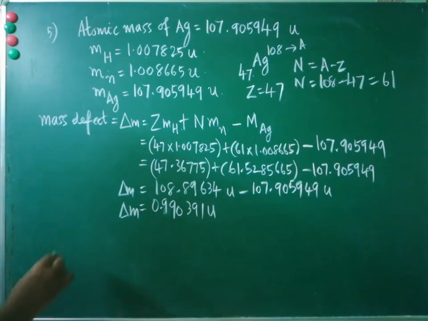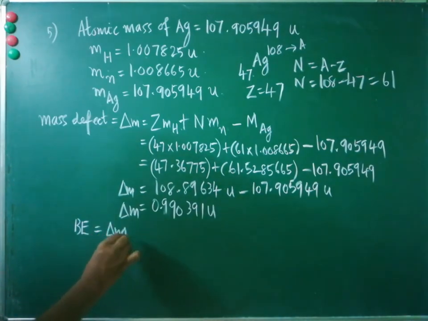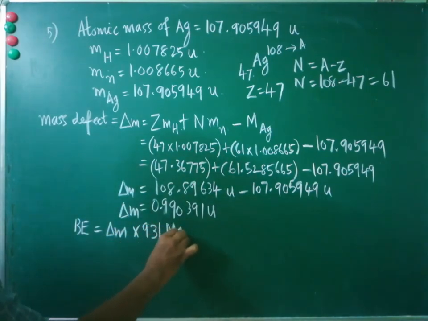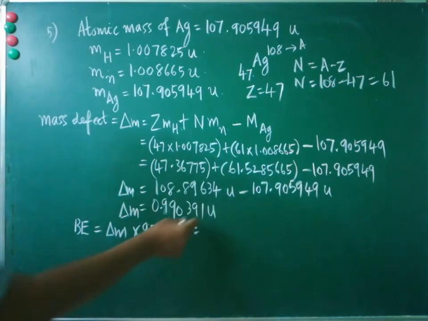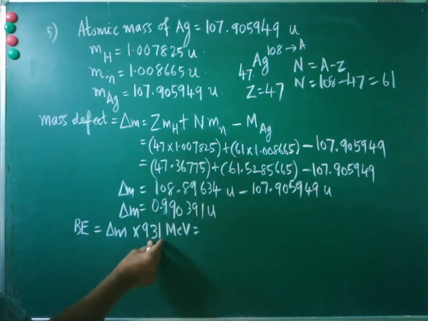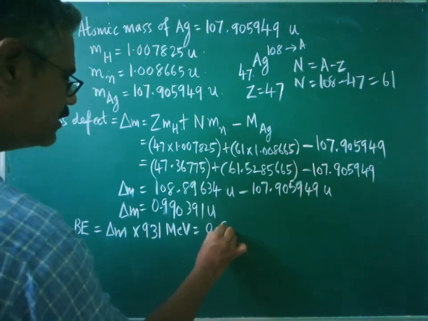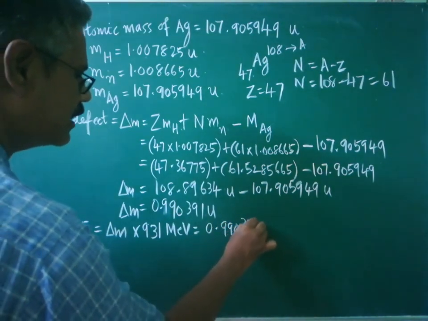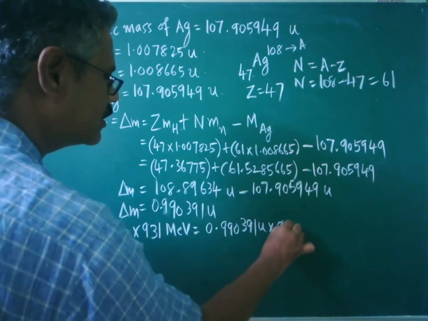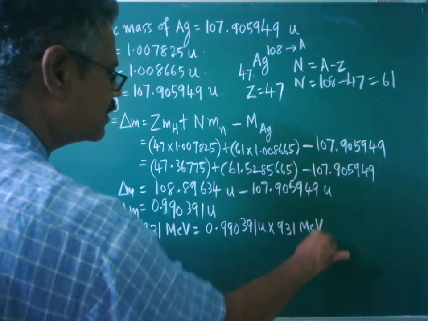So how to calculate the binding energy? The next formula is: binding energy B is equal to del M, taken in AMU, multiplied by 931 million electron volt. The mass defect must be substituted, and then directly multiplied with 931 MeV. Don't forget the formula. So I'll substitute 0.990391 AMU into 931 MeV.